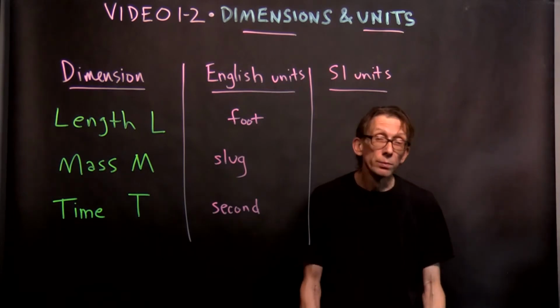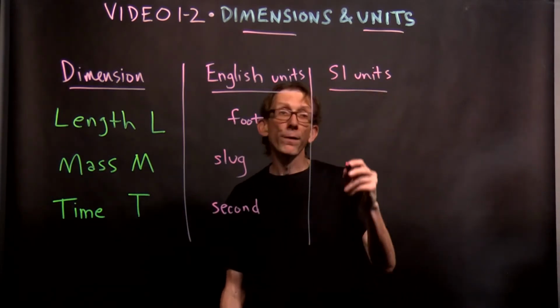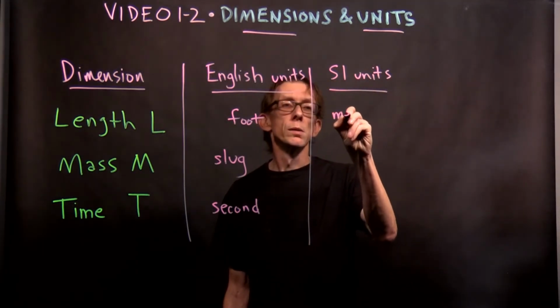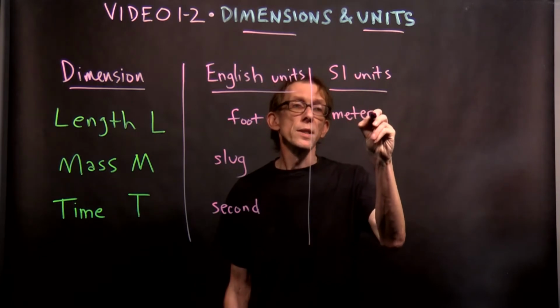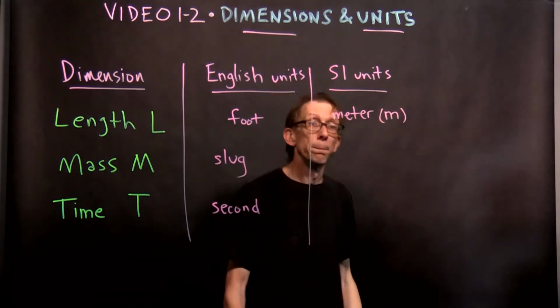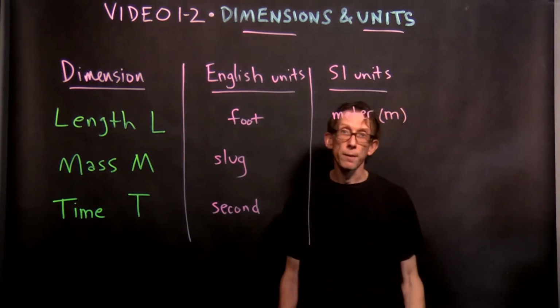it's metric. Okay. It's metric. And the standard unit of length for us in the class is going to be the meter. And the symbol for the meter, lowercase m. Okay, that's how meter is notated.